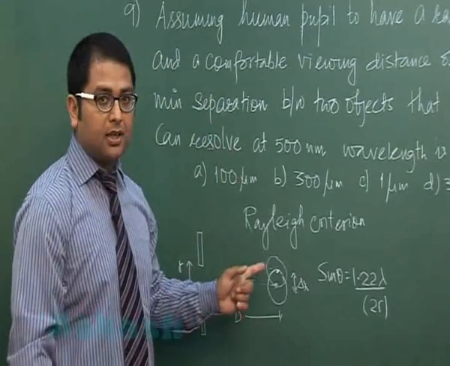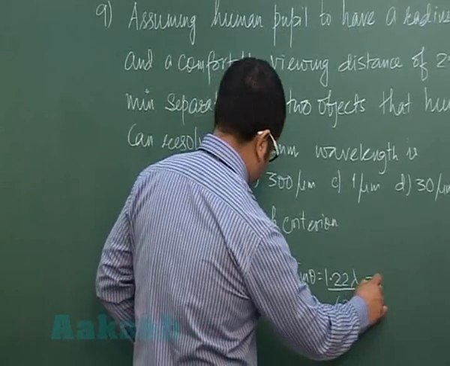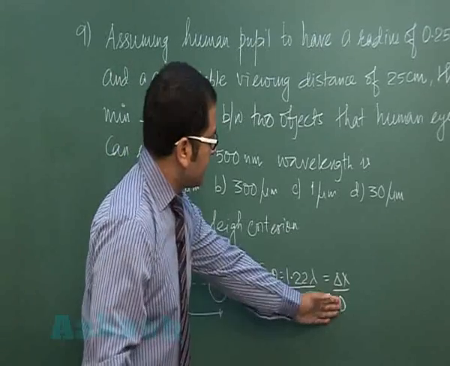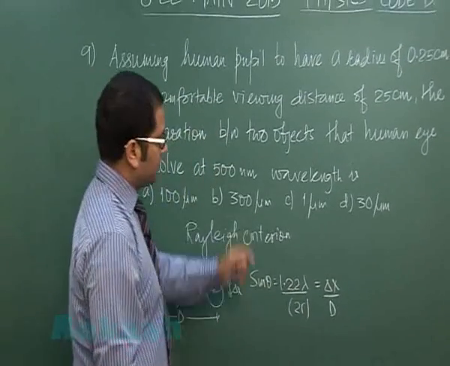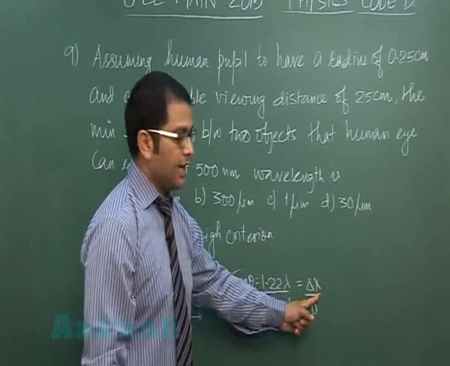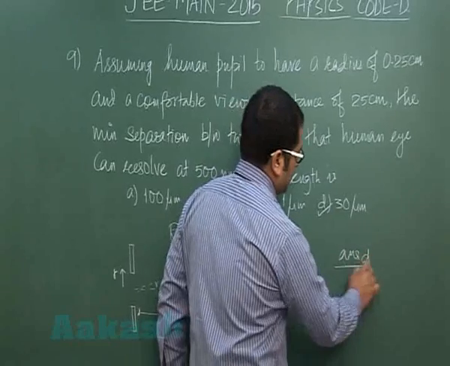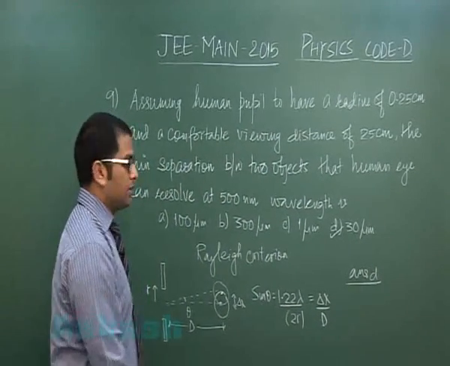In this limit, sin theta can be taken as theta, and that will be equal to delta x divided by D. With this calculation, if you solve, you would see the minimum separation between the two objects, delta x, leads to option number D, that's 30 micrometer. Now let's proceed to question number 10.